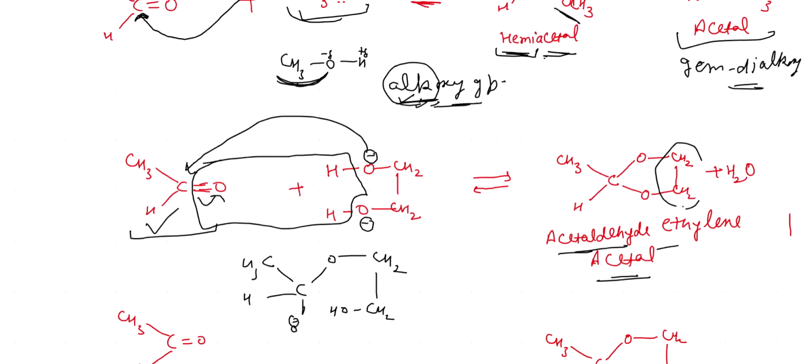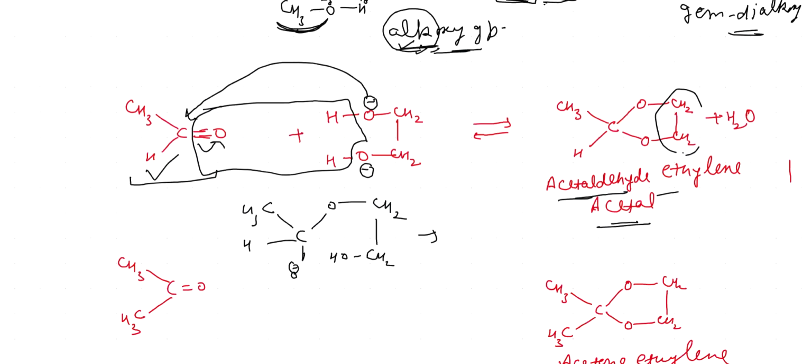Clear? Okay. Then in the second step, this O negative gets protonated. Yes. On protonation, it will form OH. Now, this OH is free.